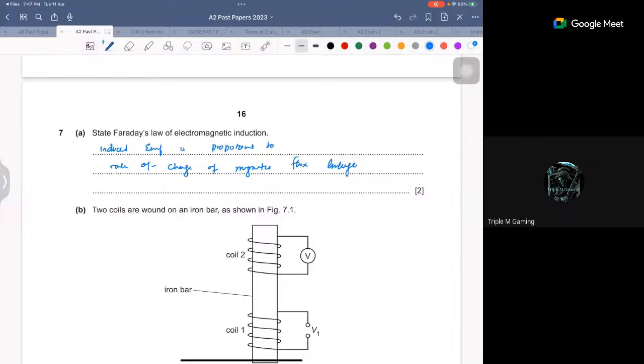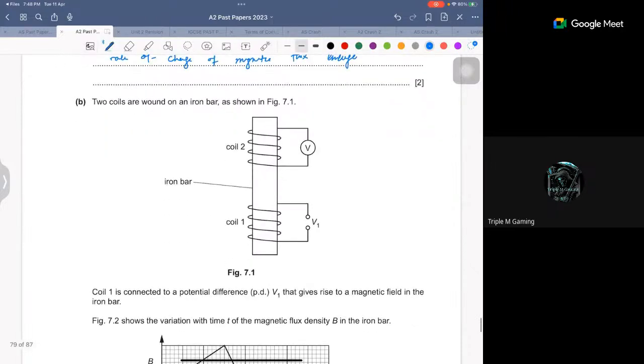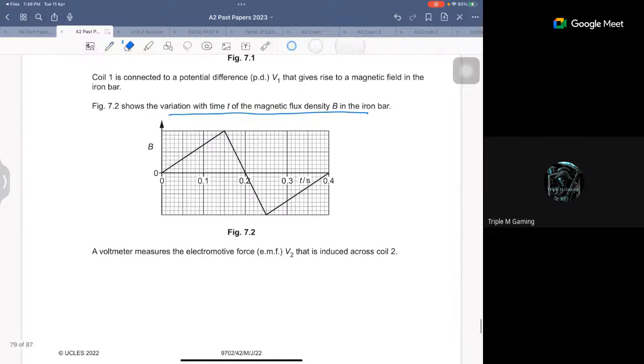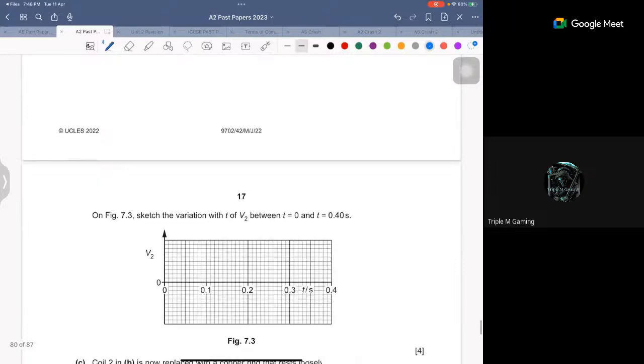Okay. Now they've shown two coils, one with the supply and one with the voltmeter. And they've shown a variation of magnetic flux. Okay, fine. The voltmeter measures the electromotive force V2 across coil 2. Fine. This is what you do.